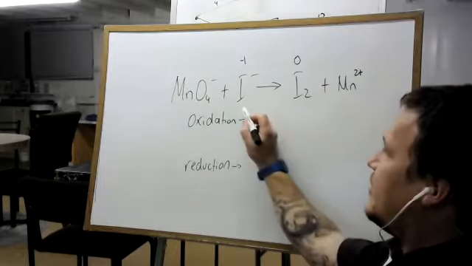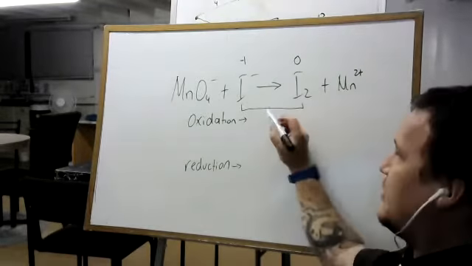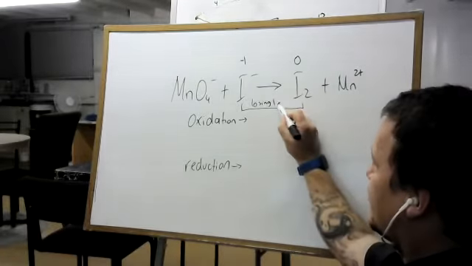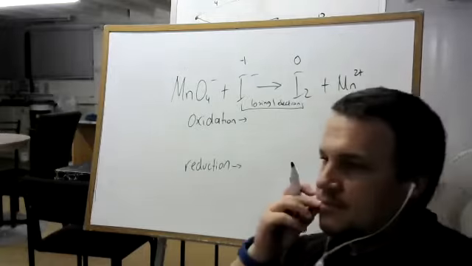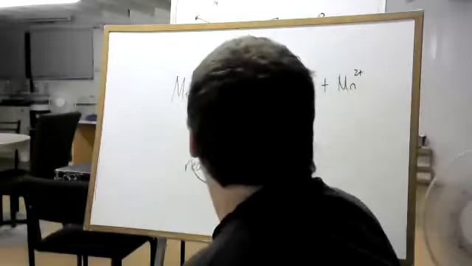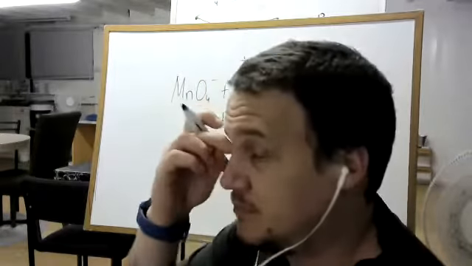So iodine is losing 1 electron. Manganese over here is 2+ or +2. Go back on this side.